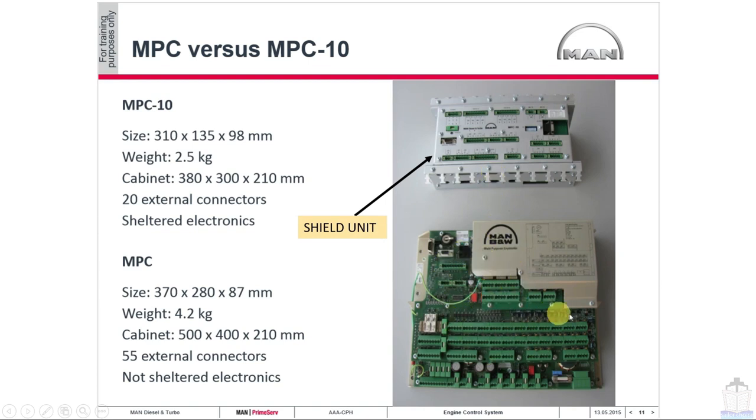You can access all the parts. Now MPC size is here, weight is 4.2 kg, cabinet 500 into 400 into 210 mm. It has 55 external connectors and no shielded electronics, meaning you can access any part of this MPC.